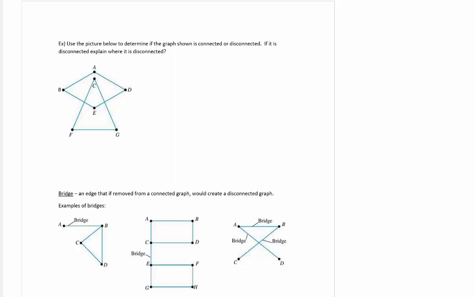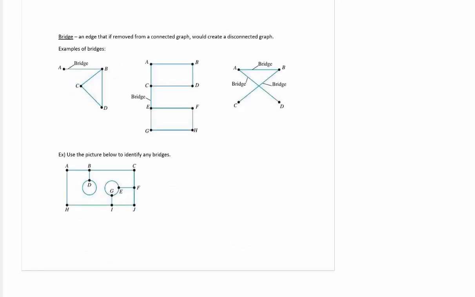The answer to that is no, so it's definitely disconnected, since there is no way to connect A to C. Again, keep in mind, no way to connect A to F or A to G, but I only need to show one particular example here to show that it's disconnected.